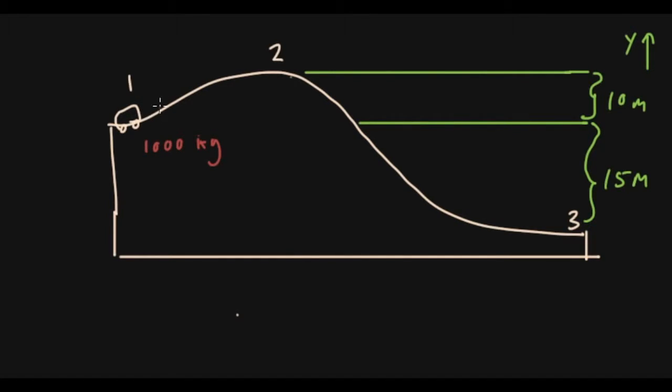Okay, when we say relative, that means this is our reference point. So here our potential energy would be 0. And then if we go up here, we've gained some potential energy. Okay, and we will see what happens.